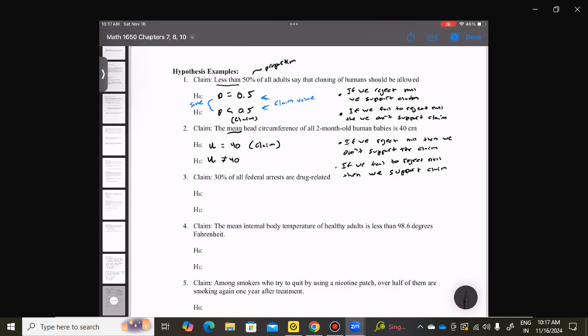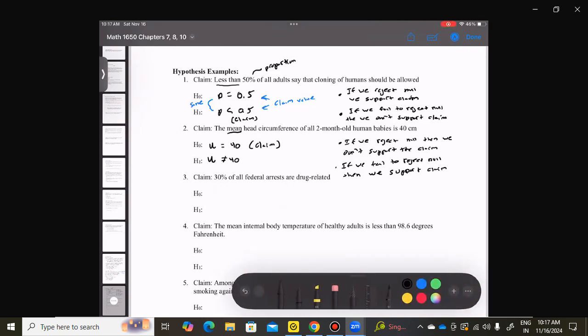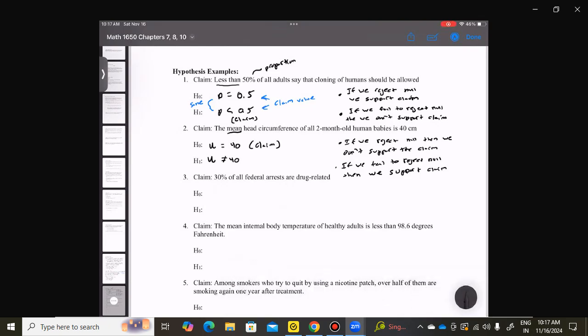So, okay, third one. Claim is that 30% of all federal arrests are drug related. So we're dealing with proportions. So proportion equals 0.3. And then there's nothing again about less or more. So here the proportion does not equal 0.3.